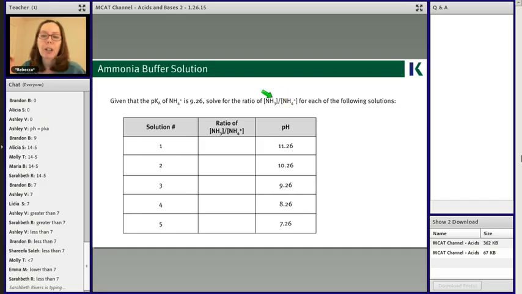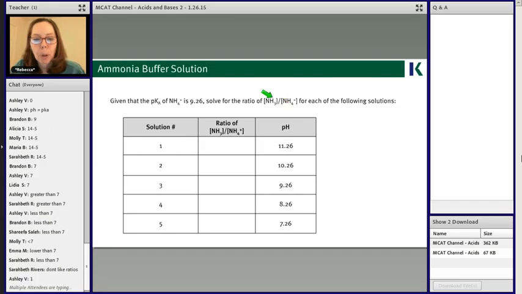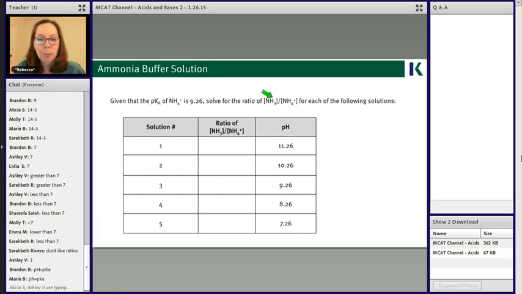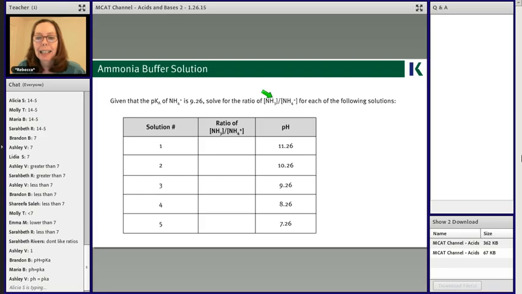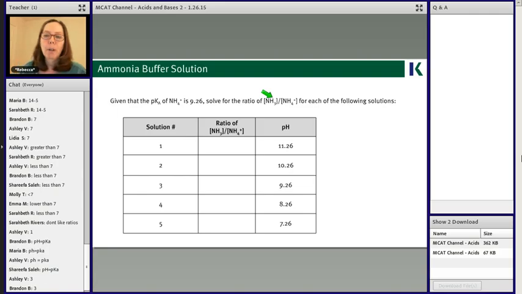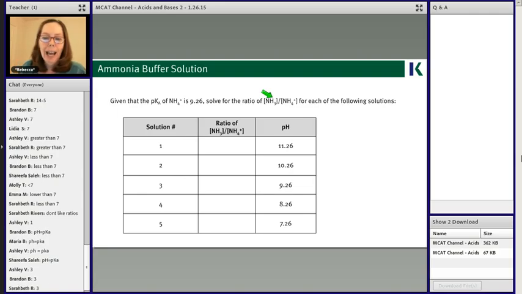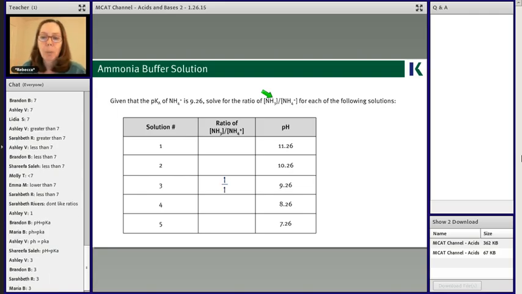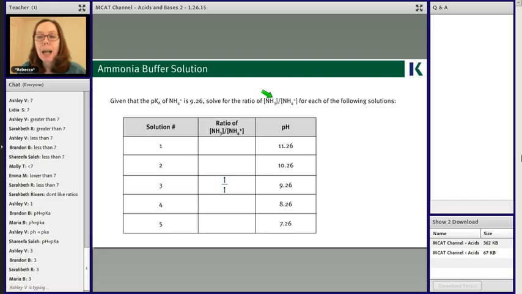What did we learn from Henderson-Hasselbalch about those when they were equal? The pH equals the pKa, exactly. So which solution has a 1-to-1 ratio of ammonia to ammonium? Yeah, exactly. There's our 1-to-1 ratio. Okay, but what if we were to increase the ammonia to being 10 times as much as the NH4+?